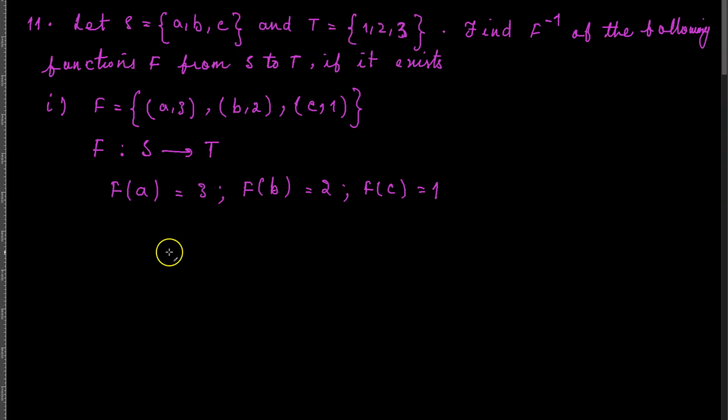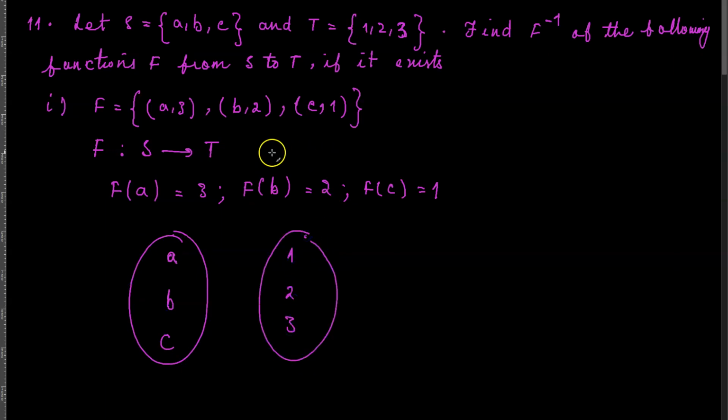Meaning that if you have, for example, a, b, and c as the domain of the function, and 1, 2, and 3 as the codomain, as you can see, a is mapped to 3 under f, b is mapped to 2, and c is mapped to 1.